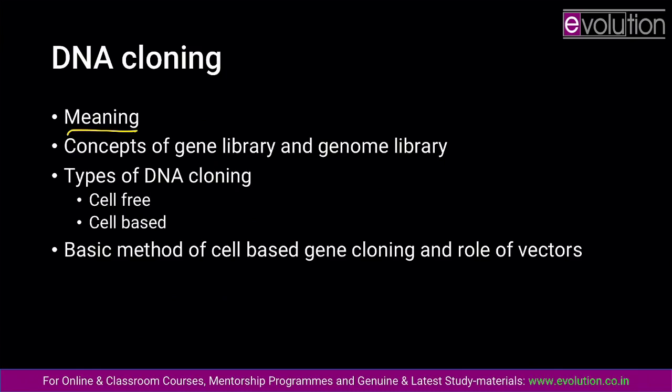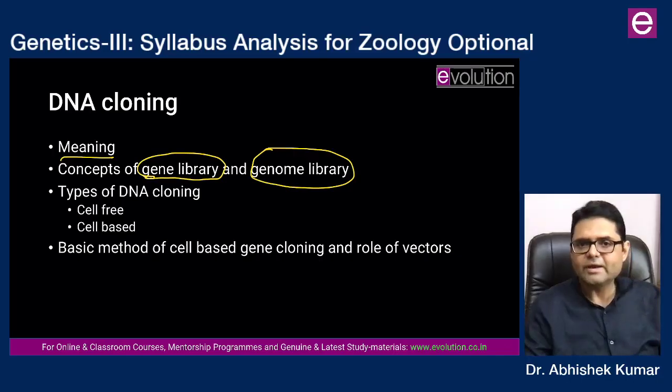Having said that, once you have studied DNA cloning, the next topic is that you should be knowing a little about what is a gene library and what is a genome library. Interestingly, when I teach in the class and ask my students the definition of genome library and gene library, most of the students presume that it is basically a physical collection of specific genes in many copies, or it is a physical, that is in vitro, collection of the entire genomic material in some kind of preserved setup.